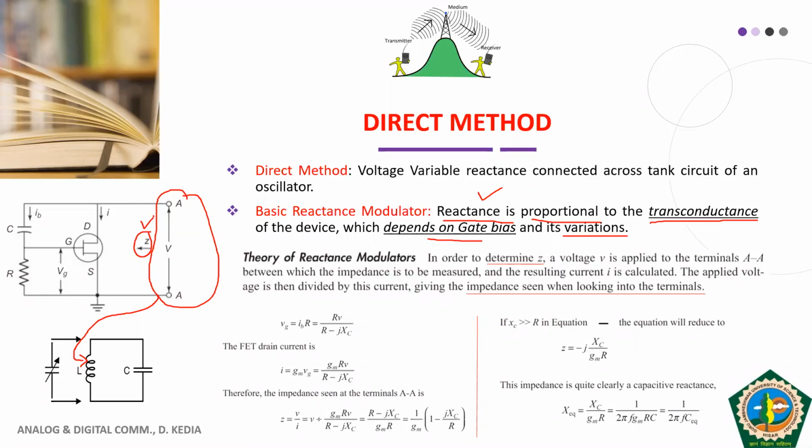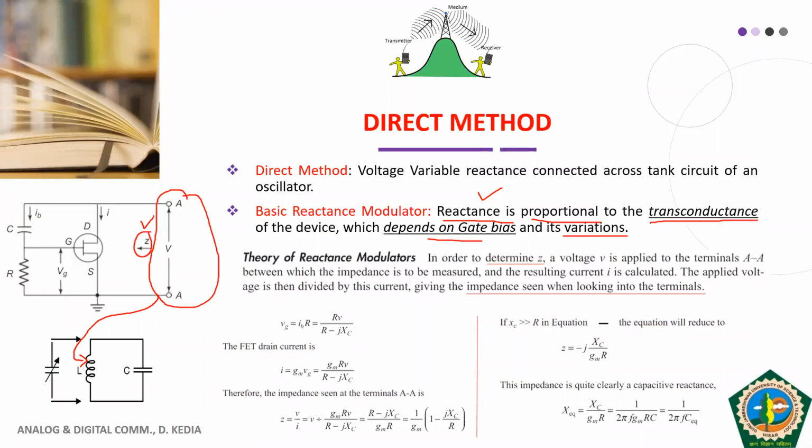Another thing is that capacitive effect is much more prominent in case of your FETs and BJTs as compared to inductive effect. So that's why you will find the variation in the capacitance. So we want to prove that this equivalent impedance which will appear across this A terminal depends on the capacitance, and that capacitance is obviously proportional to transconductance, which depends on gate voltage or gate bias.